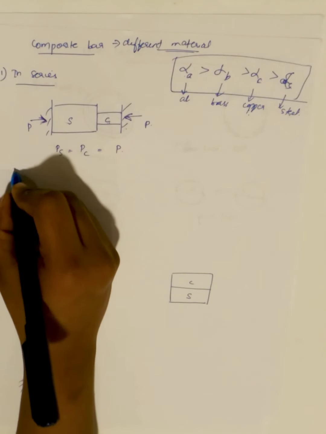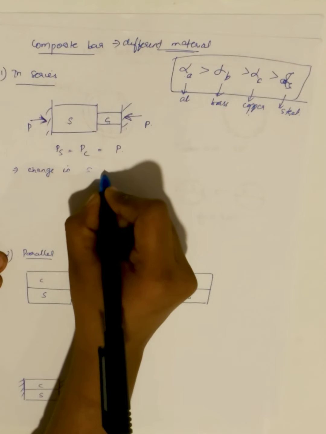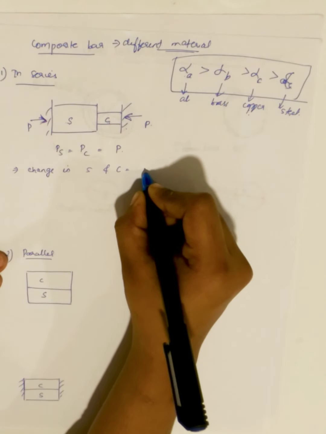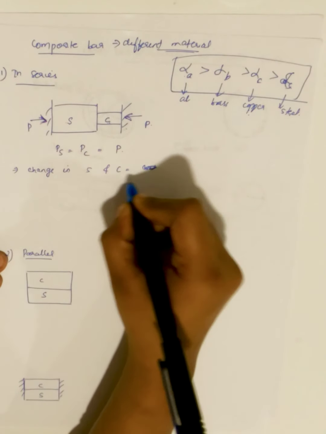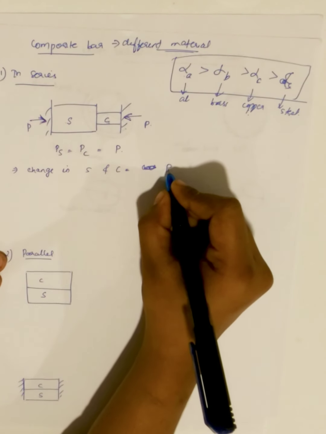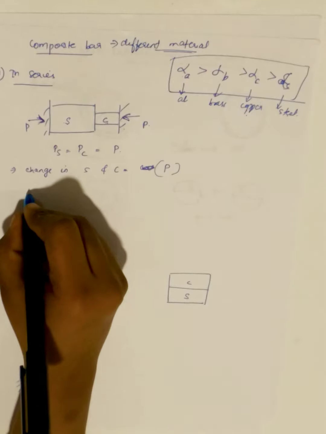So the change in length of steel and copper will be taken by these external P forces.